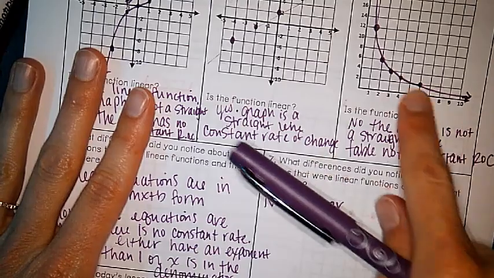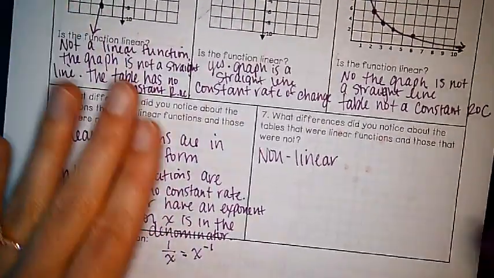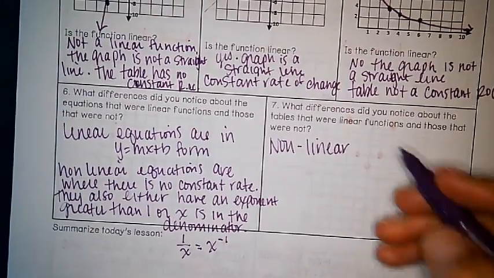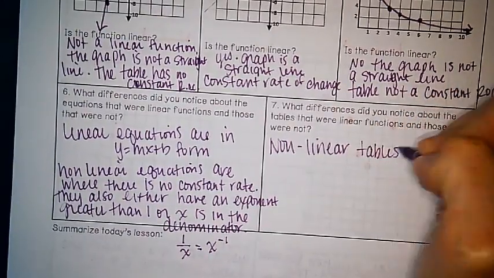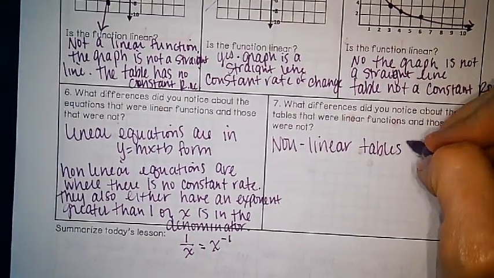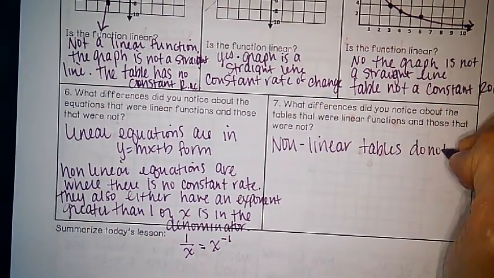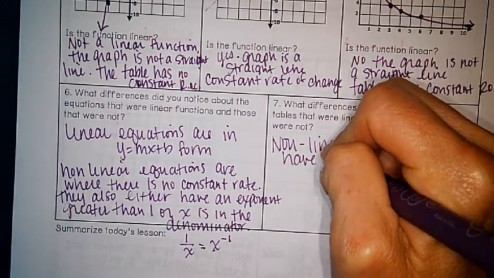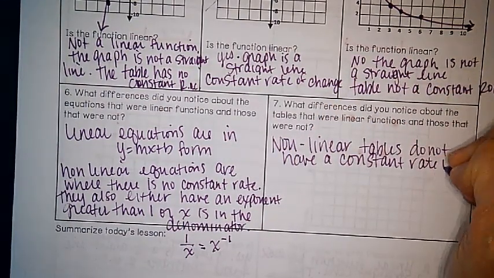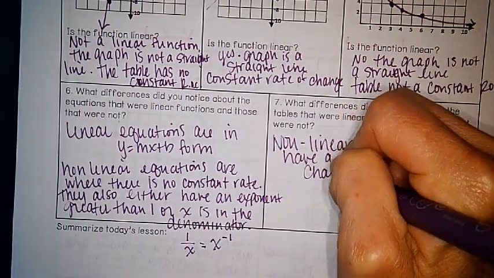Non-linear what? Non-linear tables do not have a constant rate of change. What about linears? Linears do have a constant rate of change.